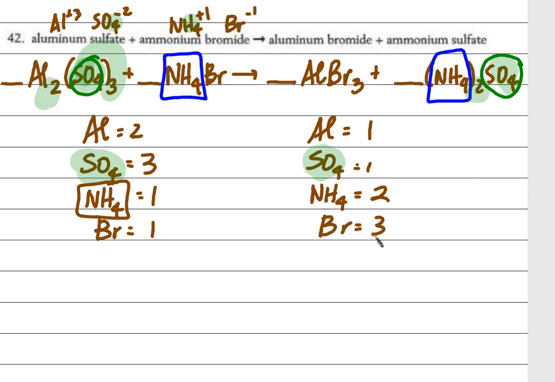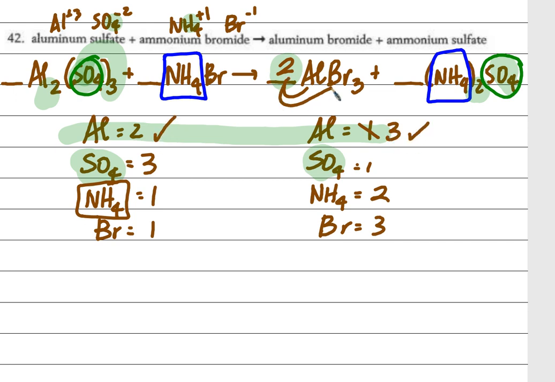Now, technically, you can start anywhere. So I'm just going to randomly pick to start at aluminum because it's the first thing right here. You see it? So therefore, in order to balance the aluminum, I need to put a 2 coefficient in front of aluminum bromide. That makes the aluminum balanced.